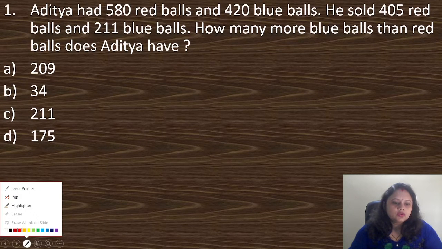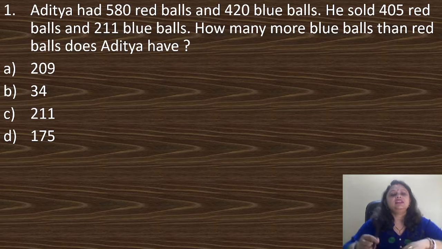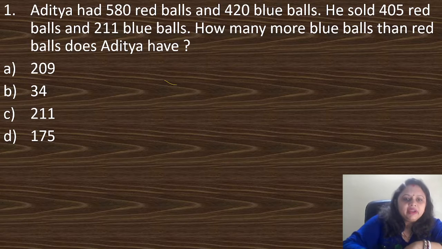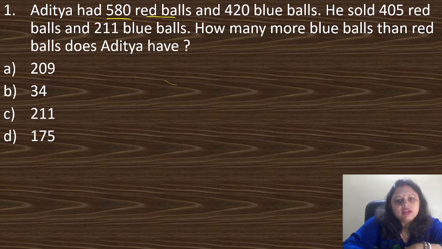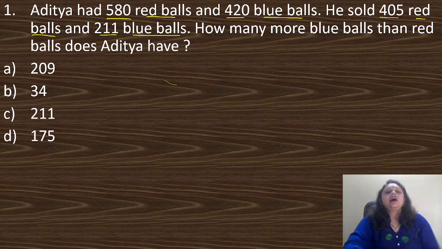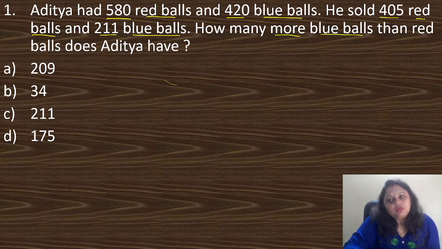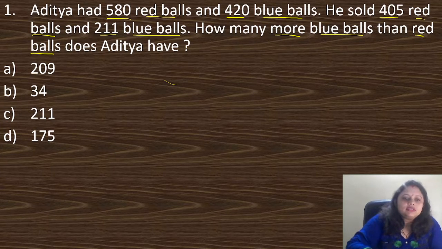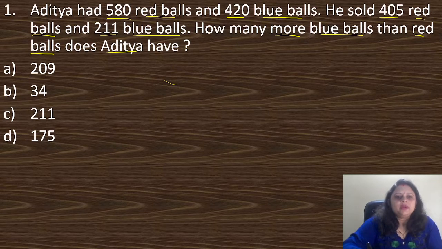So here, question number 1. Question number 1 is: Aditya had 580 red balls and 420 blue balls. He sold 405 red balls and 211 blue balls. How many more blue balls than red balls does Aditya have? So what will we do?